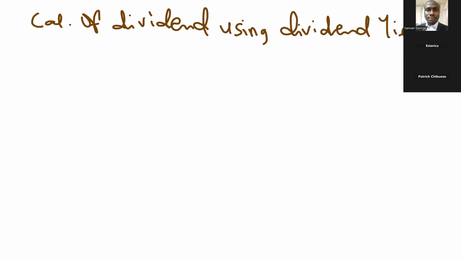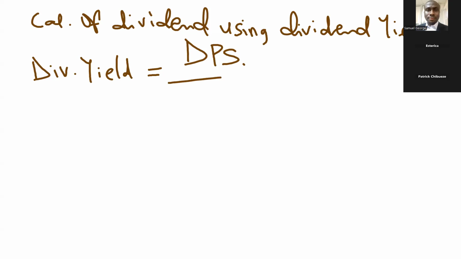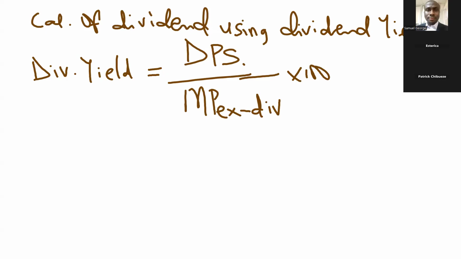So we are going to use dividend yield. What's the dividend yield formula? It is equal to dividend per share, or dividend of year 0, divided by market price ex-div, times 100. This formula is the same as the cost of equity formula when dividend is constant.